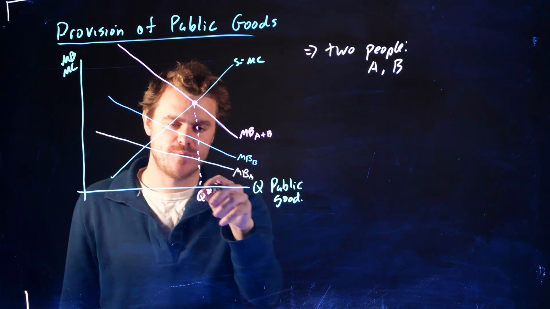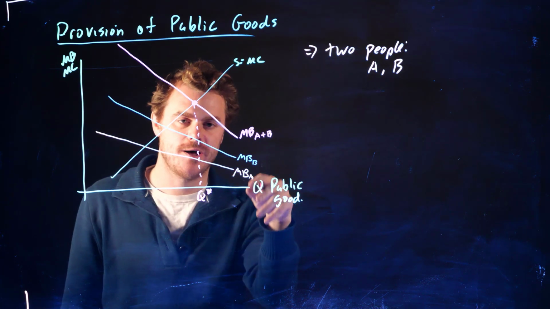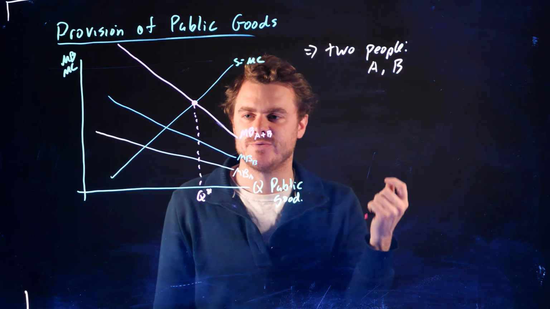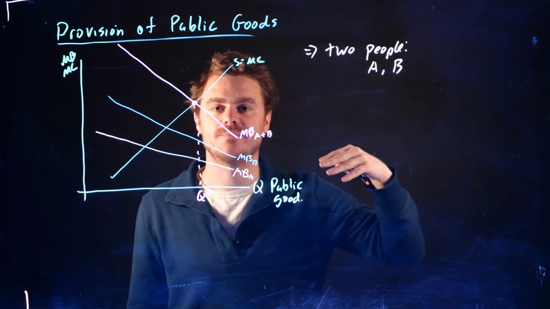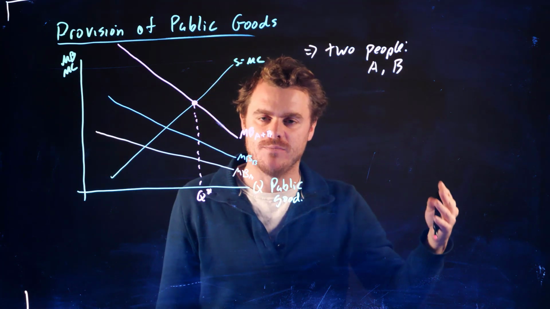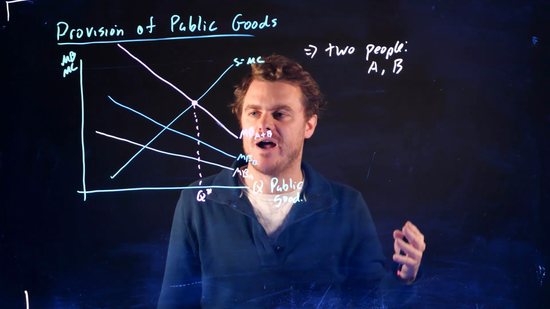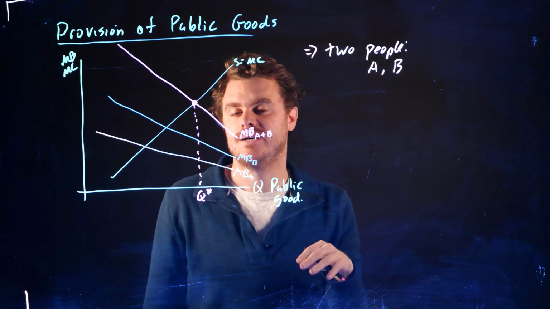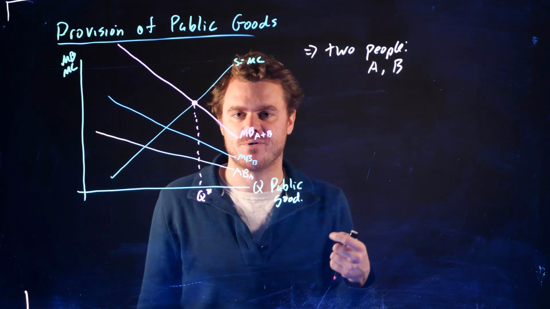So this determines the optimum quantity of this public good in our society: we should be adding up everyone's benefit of this public good because it's non-excludable and non-rival, and seeing where that equals the marginal cost of providing this good.